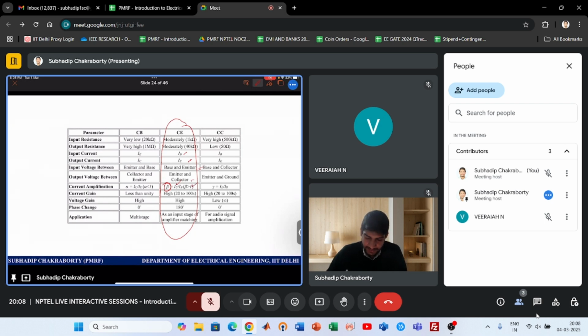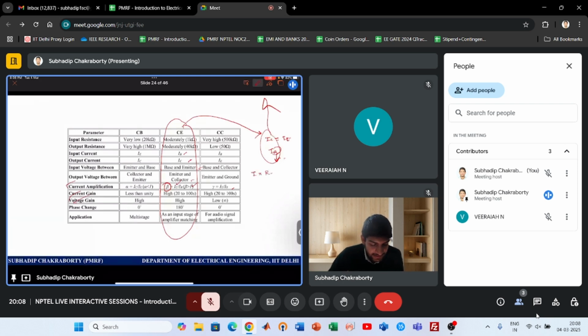Why I told you? As you can understand, base current is very small, right? And collector current is very high, and IC is almost equal to IE in a common emitter configuration. Base current is very negligible. So IC by IB is relatively very high for such a configuration. That's why they call it current amplification. And current gain is high. And voltage gain is high because, as I told you, it is the same current times resistance.